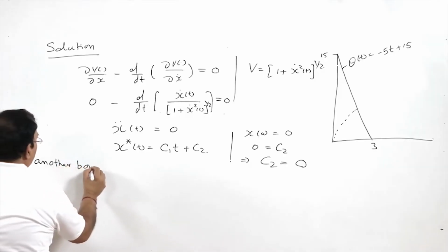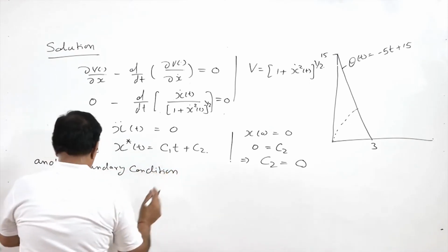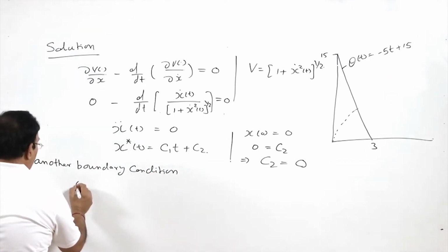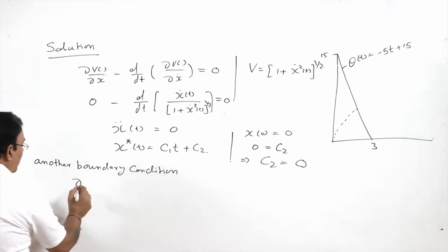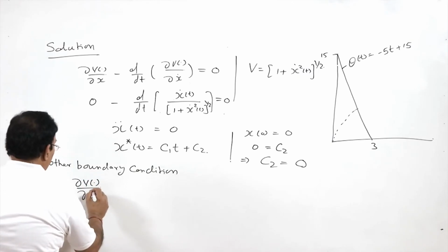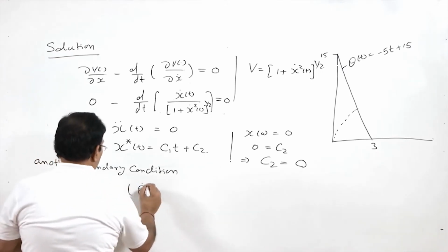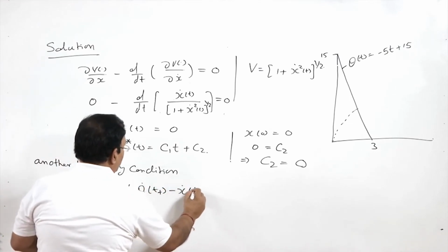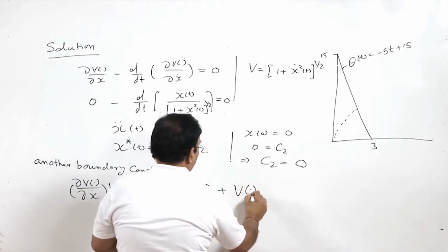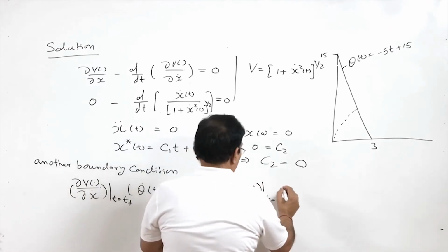My other boundary condition: I have del v by del x dot at t equal to tf times theta dot tf minus x dot tf, plus v at t equal to tf, that must be equal to 0.